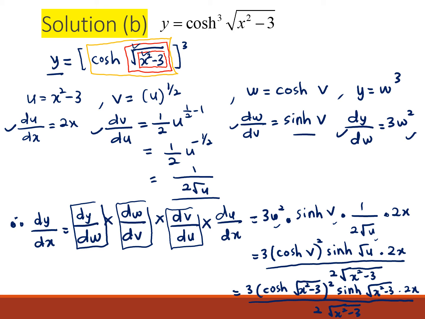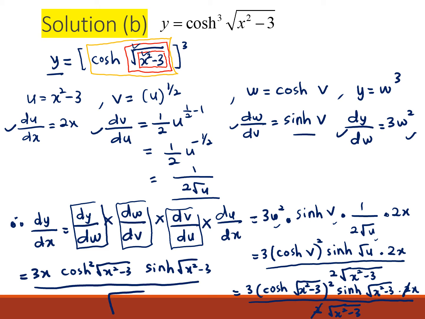So we can simplify this with 2, and then I will rewrite it here. So the final answer will be 3x cosh squared of the square root of x squared minus 3, times sinh of the square root of x squared minus 3, over the square root of x squared minus 3.